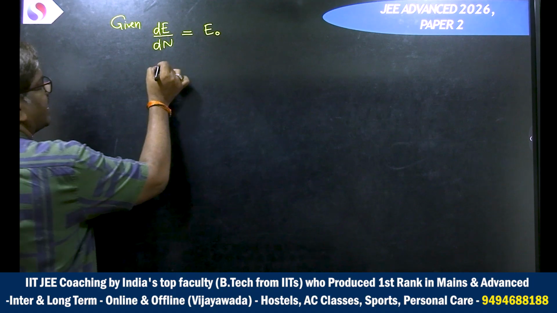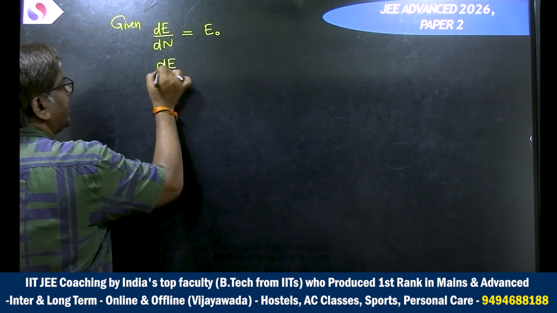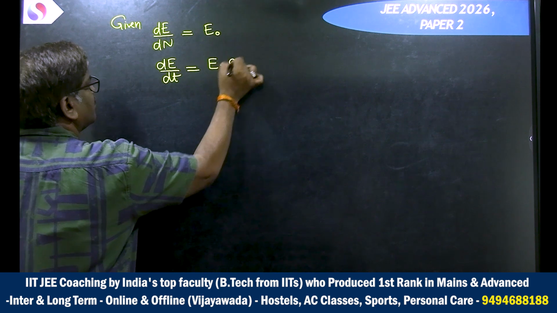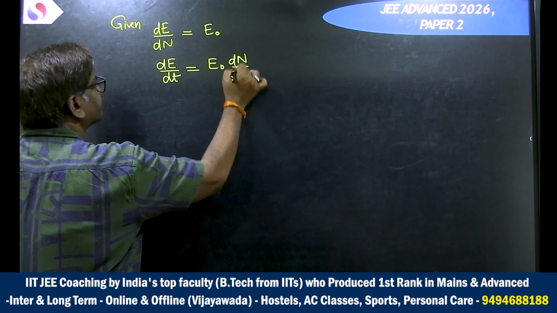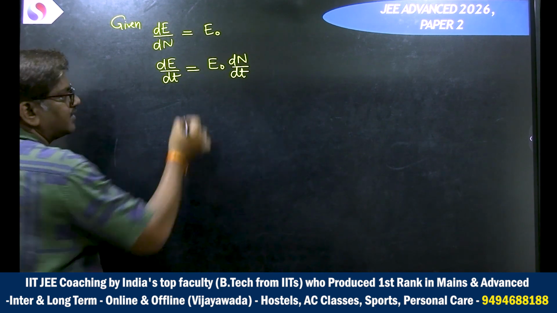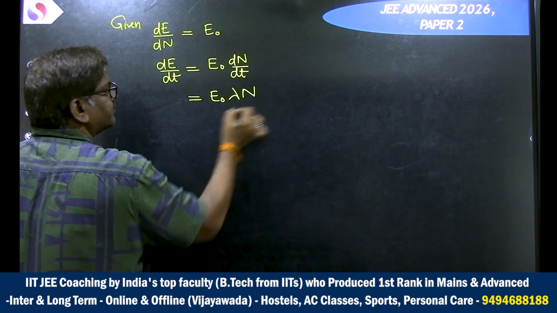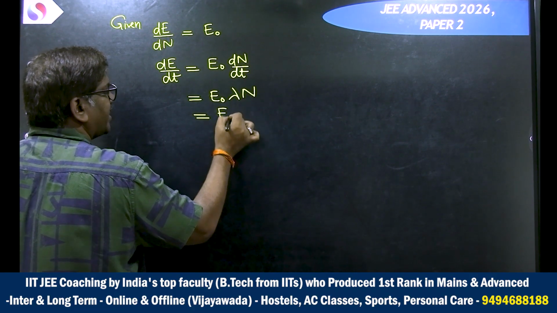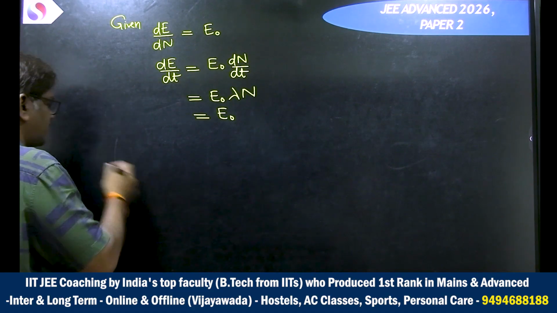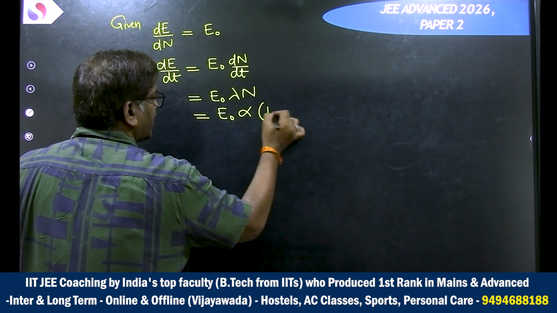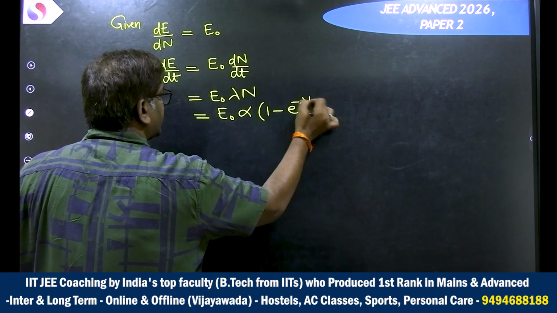That means I can say this dE by dt will be equals to E naught into dN by dt. And this dN by dt is nothing but lambda n. And as we have calculated before, this lambda n is nothing but alpha into 1 minus e to the power minus lambda t.